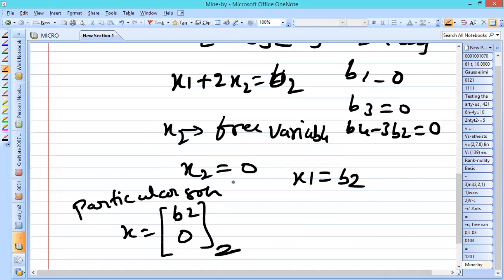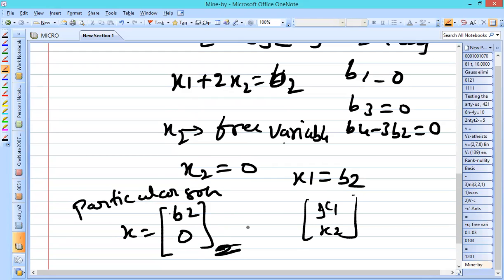Since we have x1 plus 2x2 is equal to b2, and x2 is a free variable, you can set any value. For simplicity, we'll put x2 is equal to 0. When x2 becomes 0, you'll get x1 is equal to b2. As we know, x consists of elements x1 and x2. So x1 takes the value b2 and x2 is 0.